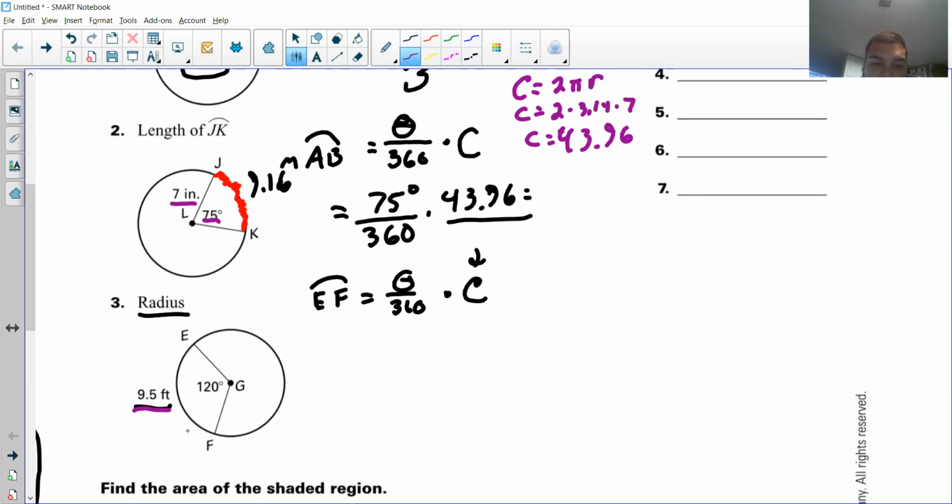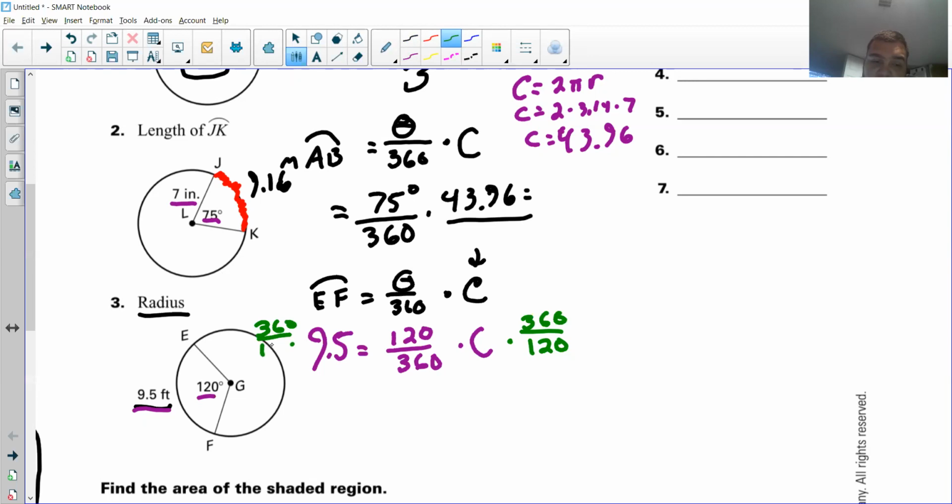So 9.5 is my little arc length. So 9.5 equals, I have my theta, which is 120, over 360 times C. So you would flip it. So you do 360 over 120 on both sides. Then you do 360 over 120 times 9.5, and that would be your answer.